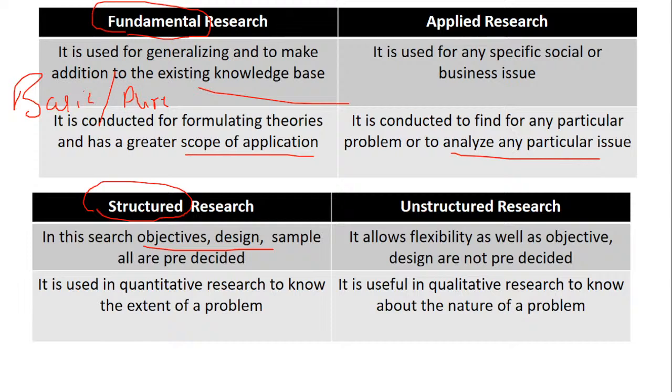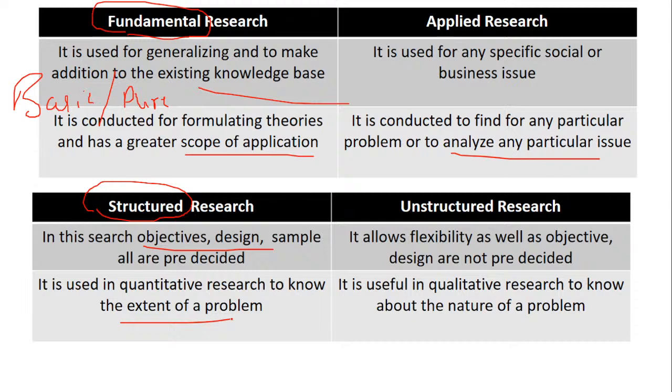In structured research, quantitative research is used to know the extent of the problem, to what extent the problem is. So how much is the extent, what is the percentage? You get all the things here in numbers. Whereas unstructured is qualitative research, to know more or to focus on the characteristics.